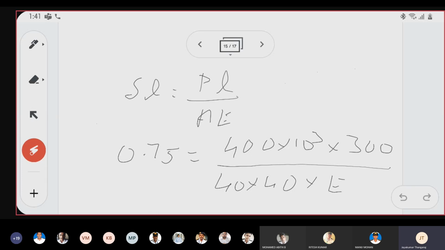So what is the value of Young's modulus? P is 400 into 10 power of 3 and length is 300. For area, don't take length into breadth; take breadth into depth, 40 into 40, because the load acts perpendicular to the surface, so that surface is 40 into 40. E is unknown.